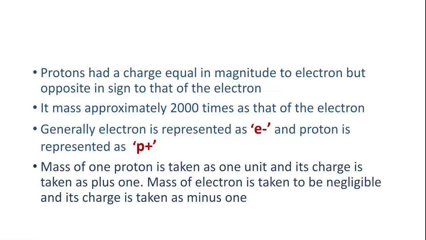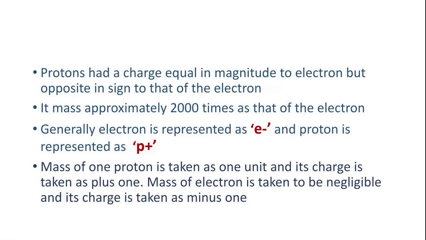Very good. So the protons have a charge equal in magnitude to the electron, but opposite in sign, and the mass is 2000 times that of an electron. So we consider the mass of an electron to be negligible. That is why it can be easily removed, because it doesn't have much mass at all.